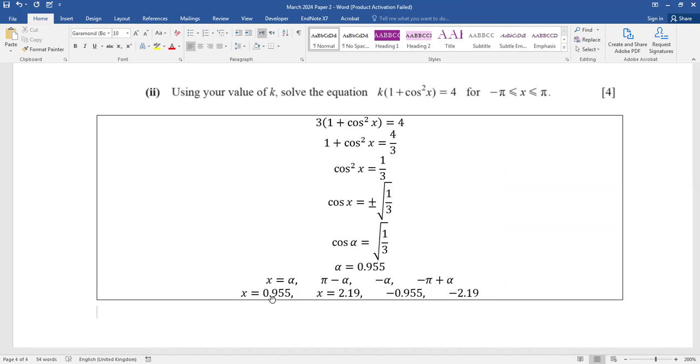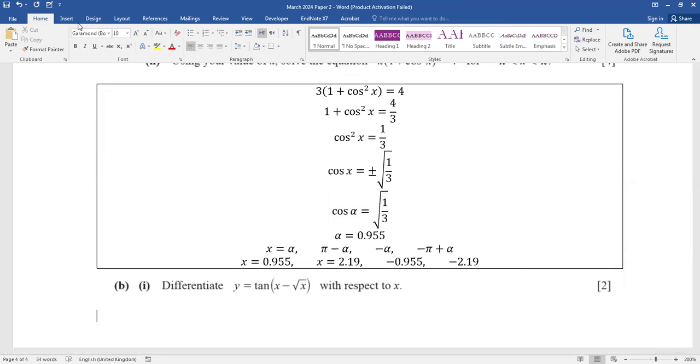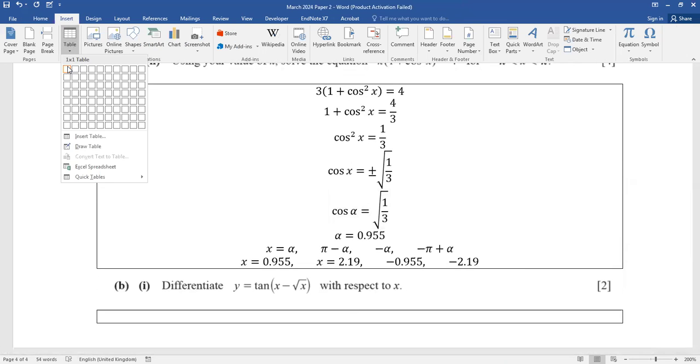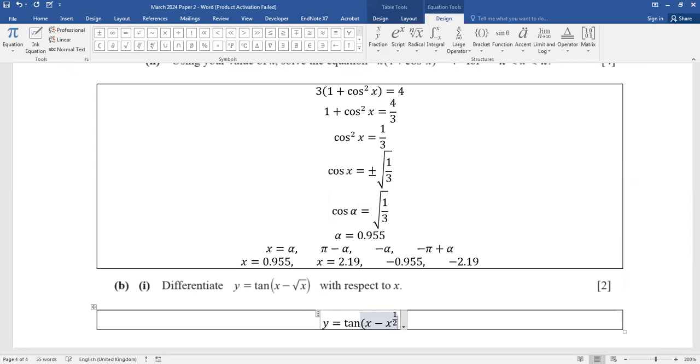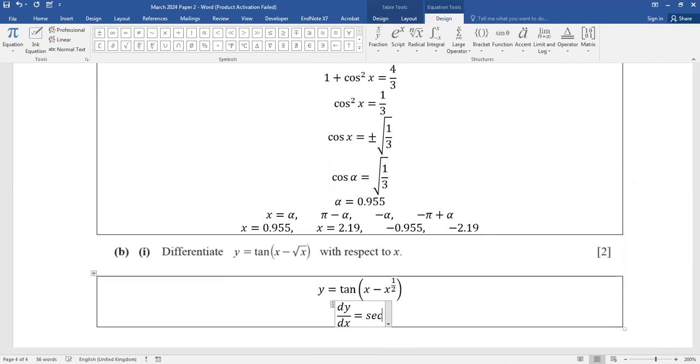Moving on to the next part. It wants us to differentiate this. Y is tan of x minus x to the power half. So dy by dx is the derivative of tan, which is sec square of x minus x to the power half.